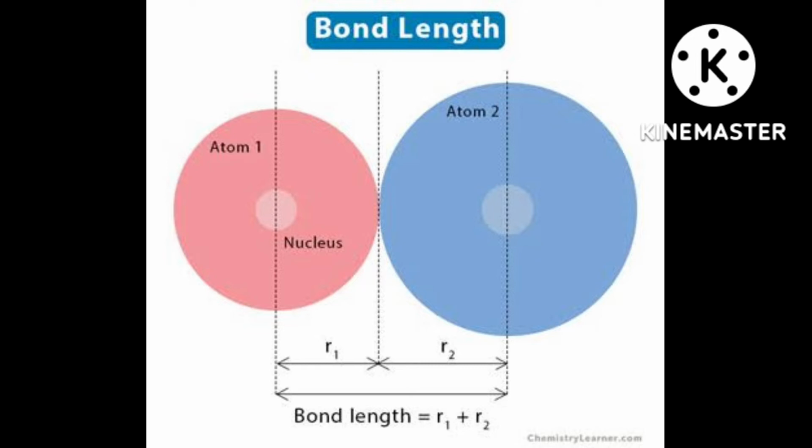While the electron gain enthalpy, for chlorine, is the change when the chlorine atom takes an electron.